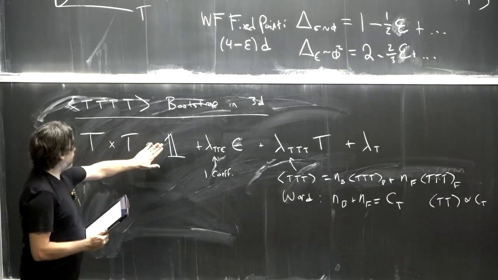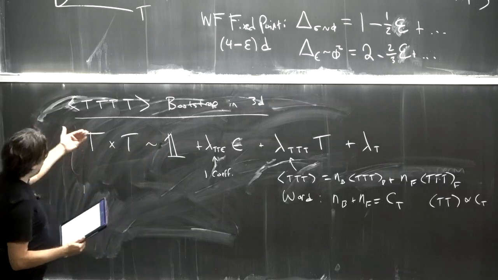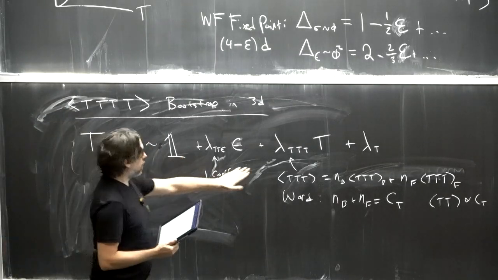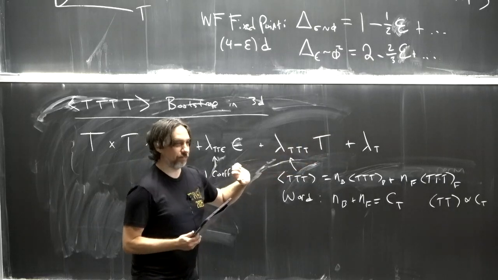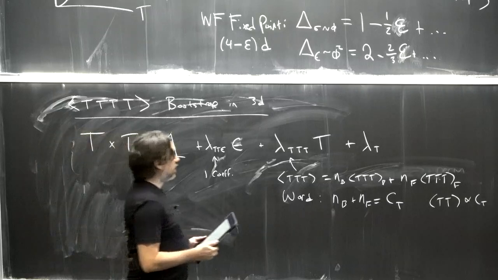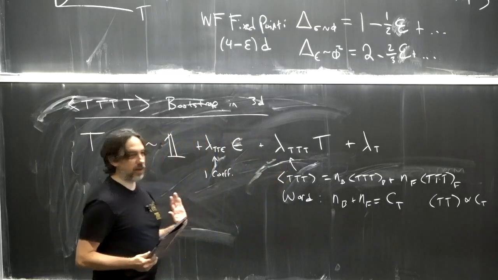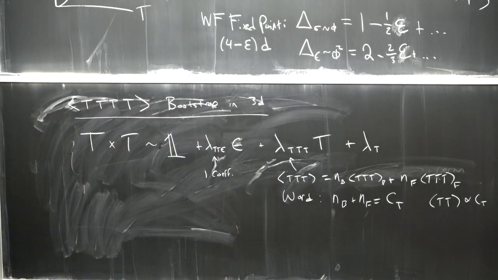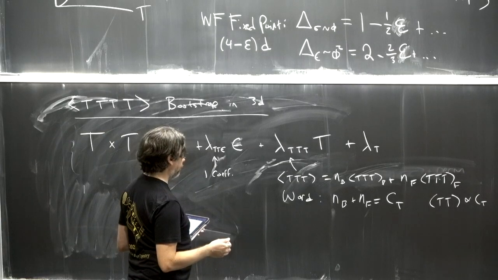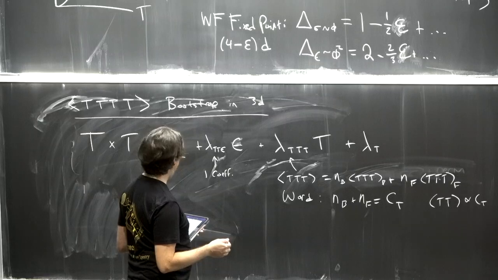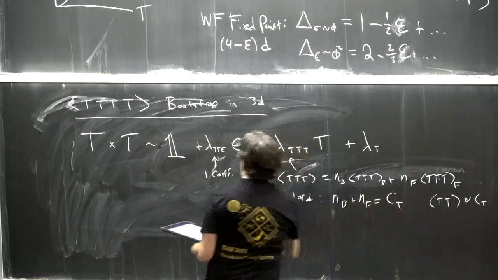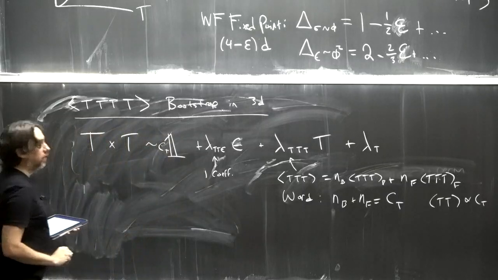You can normalize this so CT shows up here, or I could canonically normalize the stress tensor so CT shows up in all of the 3-point functions. You just have to make one choice and do it consistently. So if you write the 2-point function of TT, CT. That's correct. So if I were in this normalization, then CT would appear here, absolutely.